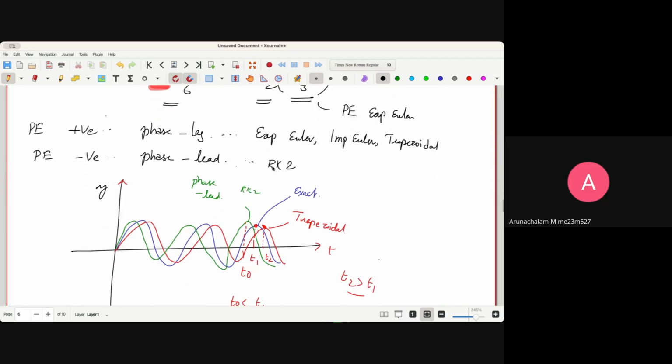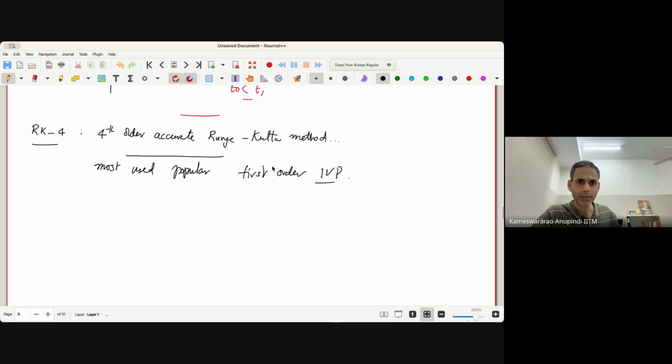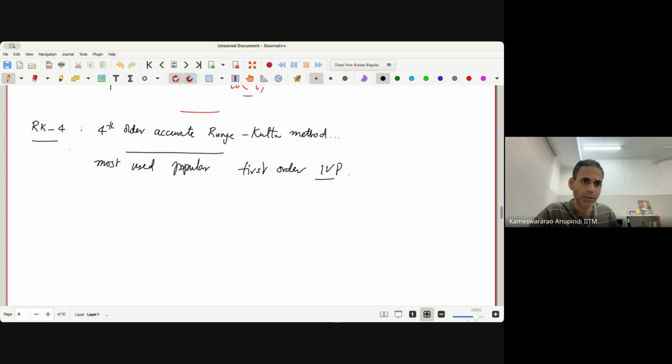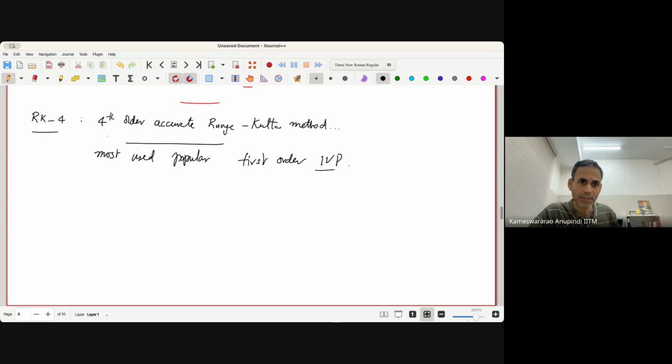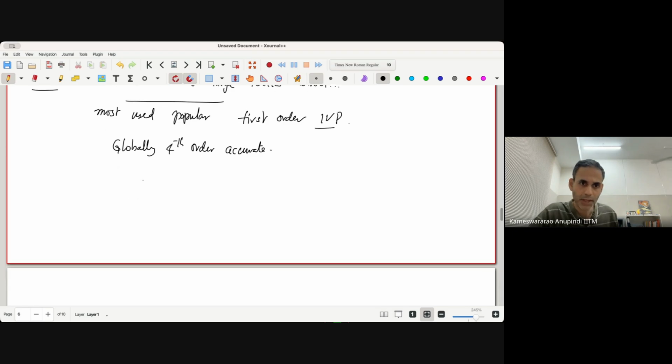So it's clear, sir. Clear? Okay, fine. So let's look at the RK4 method. This is the most popular, widely used method, which is the RK4 method. As the name suggests, this is globally fourth order accurate, and it is given as follows.